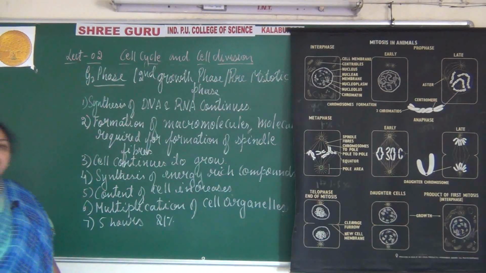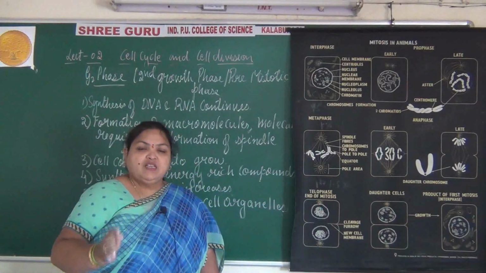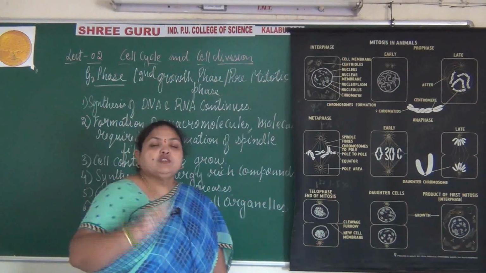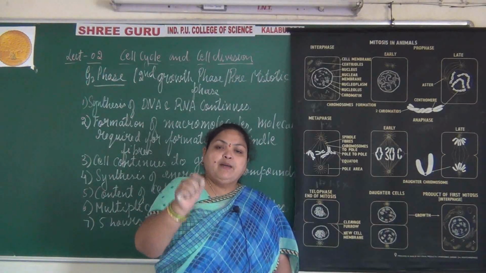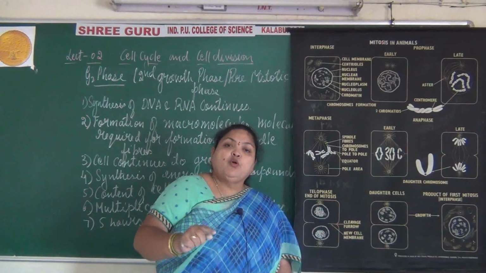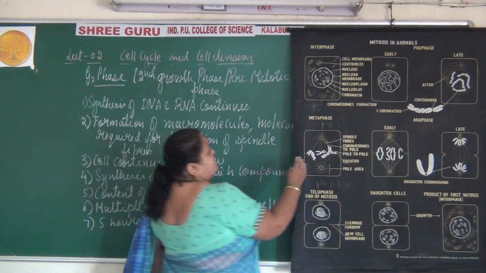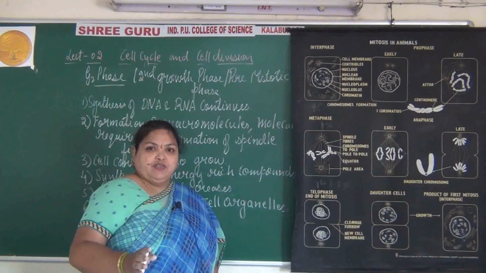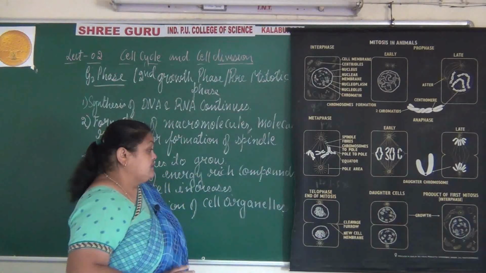So in this class we have studied the 3 stages. Then after this it enters the process of mitotic division. Just look at the diagram over there. I have explained the interphase, only up to G1, S and G2 phase. Tomorrow we will continue with the mitotic division. So we have studied only the interphase part of the cell division, which includes G1, S and G2 phase.